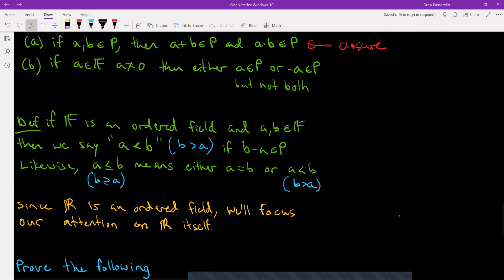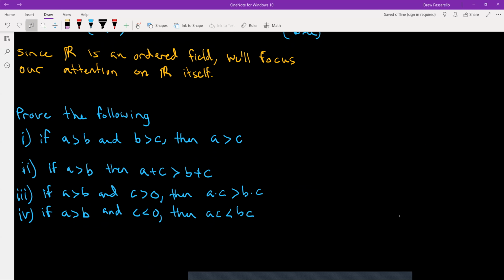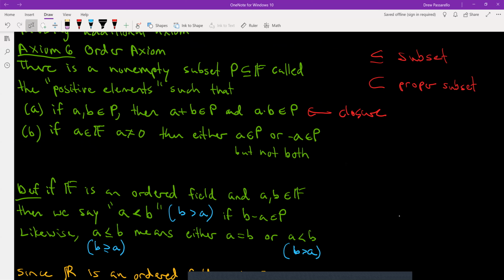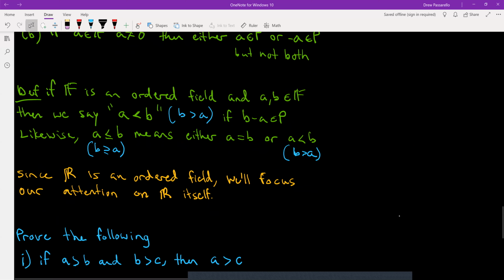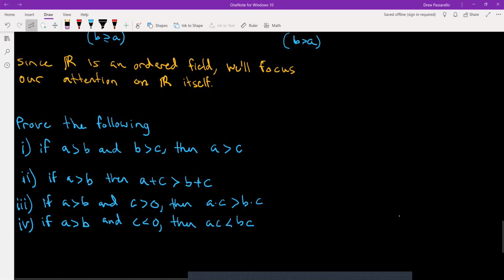So since the real numbers is an ordered field, I'm going to focus our attention now on just R itself. And for this, I will be doing some examples. These 4 examples are going to prove things using the information we just learned about the positive elements, and we'll focus our ordered field exclusively on the real numbers R, since we're dealing with real analysis.